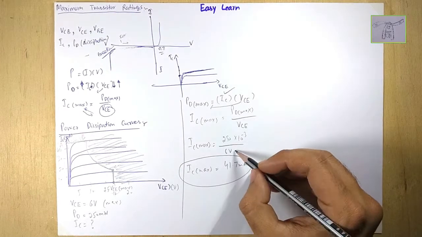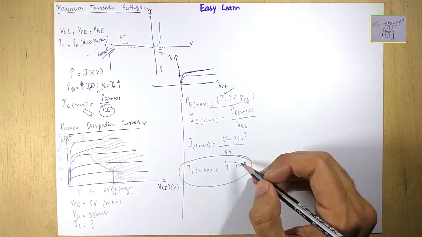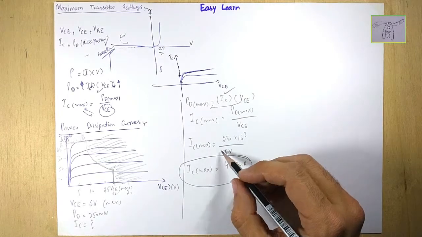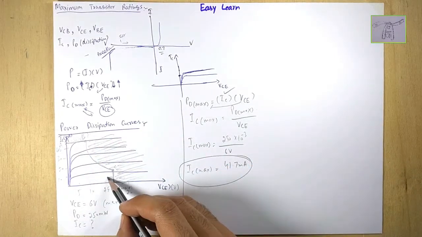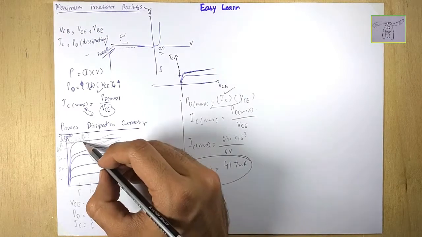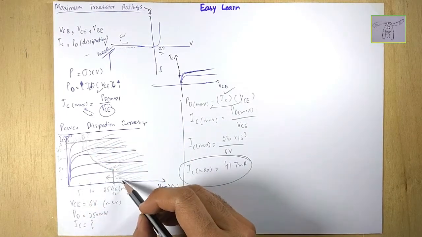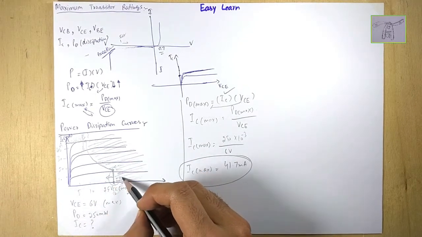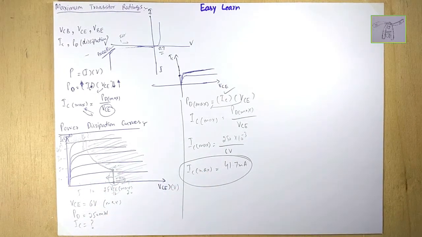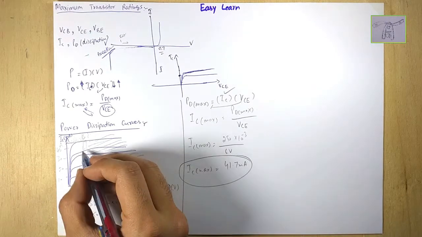This is the maximum collector current for this particular value of the VCE. Remember that if you want to increase the current that it can handle, this collector current, you want to go upside, you have to go from here towards this side. And if you want to decrease this and increase this voltage, this curve will go here. For example, I will show you in the shaded portion.